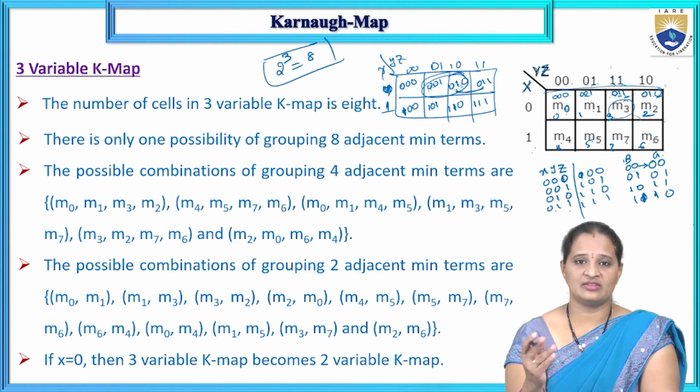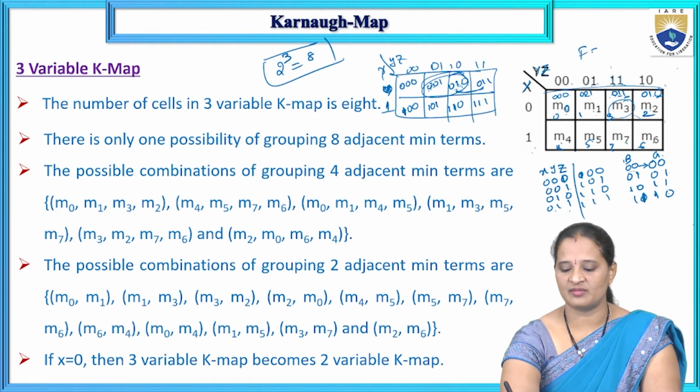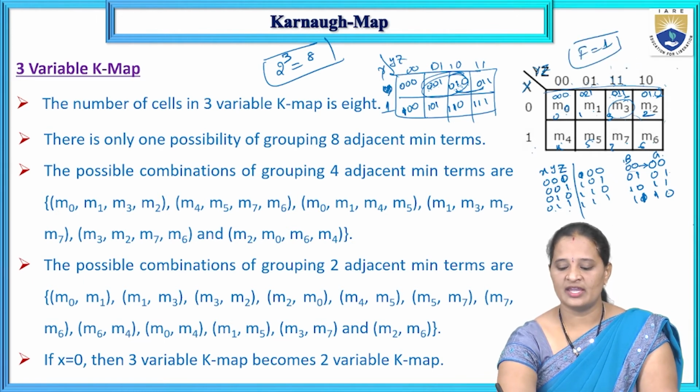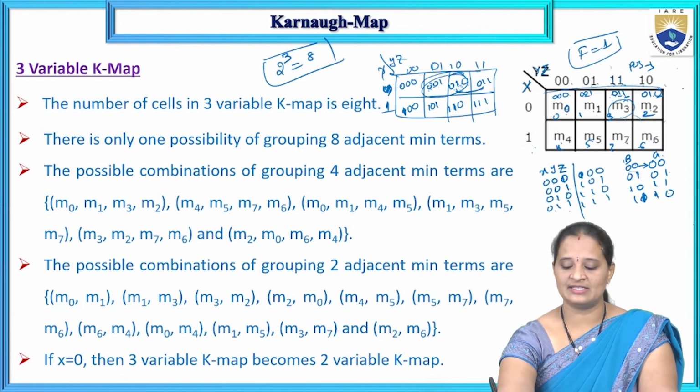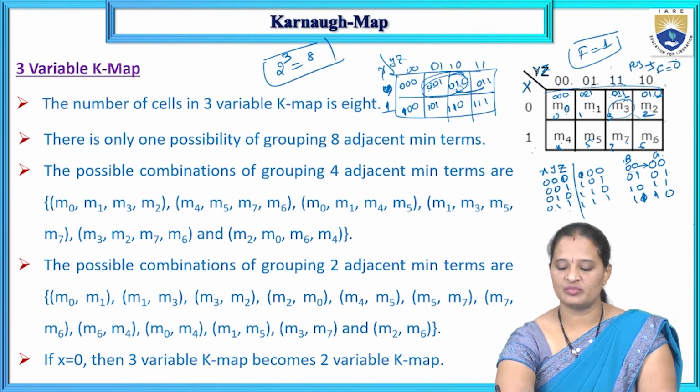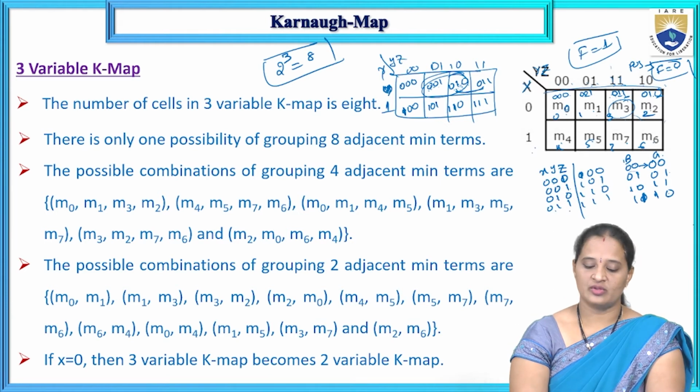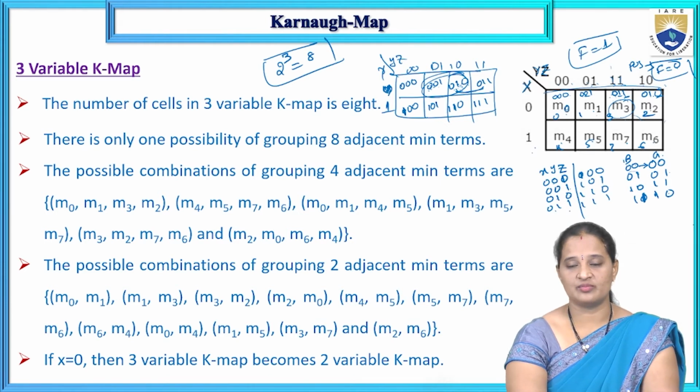So I can eliminate 3 variables, and in that case F can be written as 1. In case of POS, if all the cells are marked with 0, then I can form a larger group with all 8 cells, and hence the function output is 0. That is the maximum possible group that we can form in a 3-variable K-map.